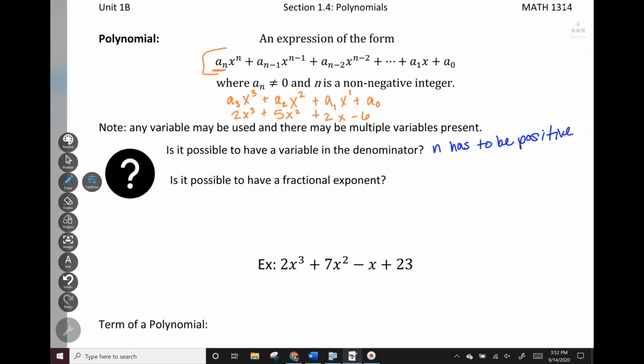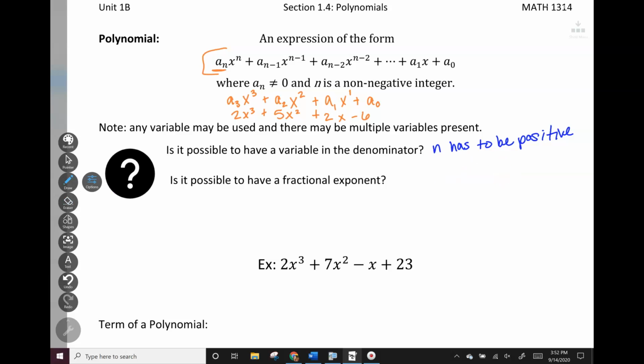So if n has to be non-negative, then all of these exponents are also going to be positive. It's going to be x to some positive number like 3, x to another positive number, and so on. So your n cannot be negative, which means all of your exponents are going to be positive.